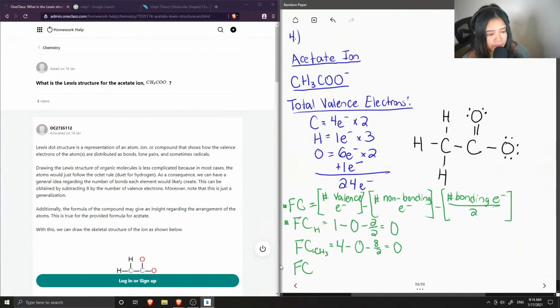For the carbon that has the 2 oxygens, it still has 4 valence electrons, 0 non-bonding electrons, and there are still the 4 bonds attached. So this carbon is the same and has a neutral formal charge.